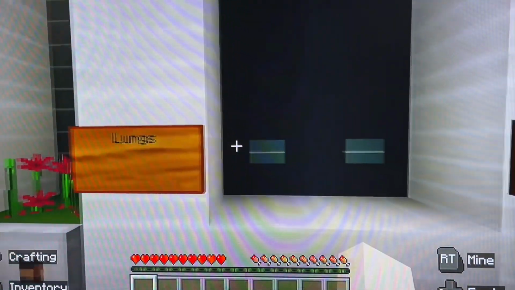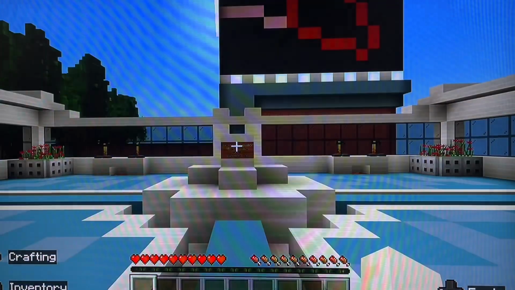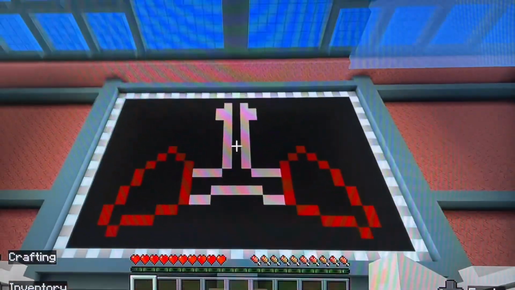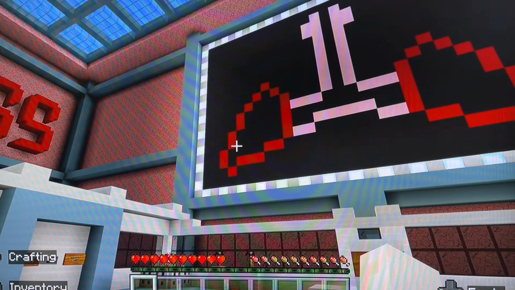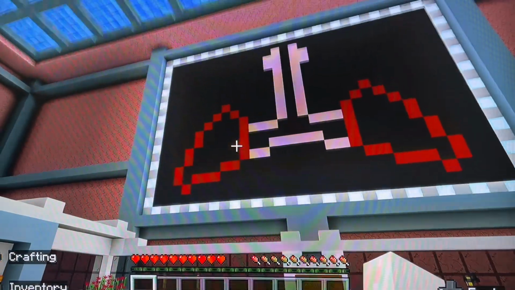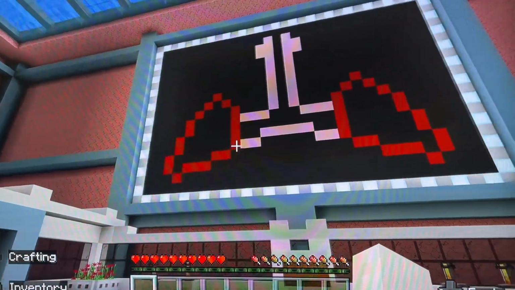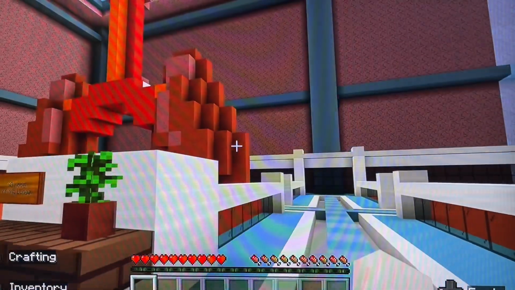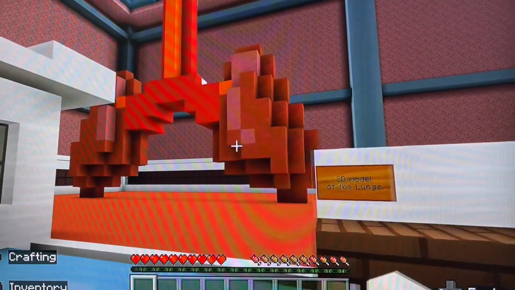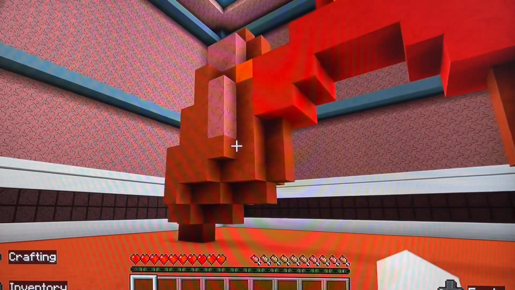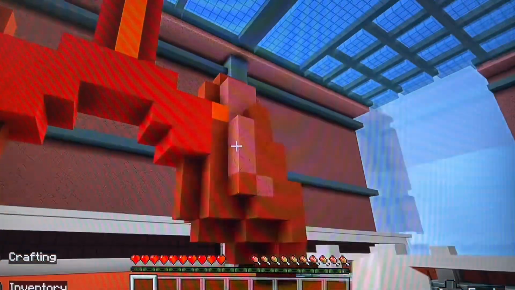So lungs, our respiratory system. So there's a 2D model, the trachea and the bronchi and the lungs there. And let's have a look at the model of the lungs here. There they are. So we have two lungs.